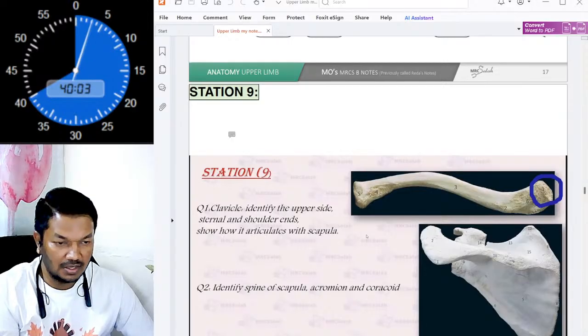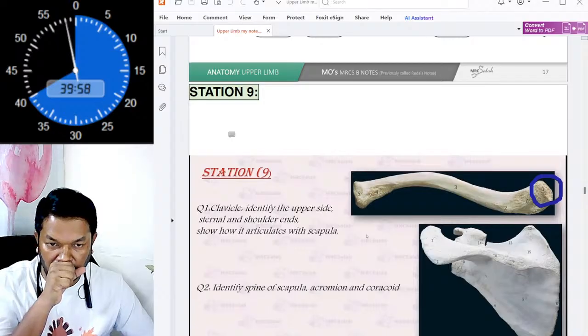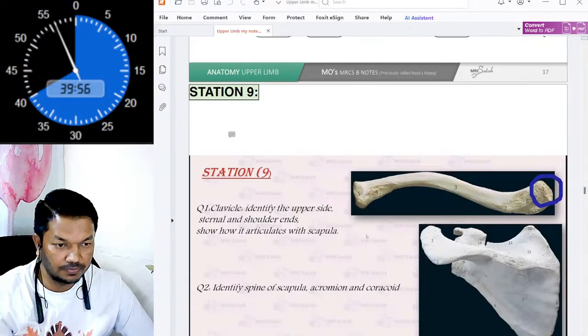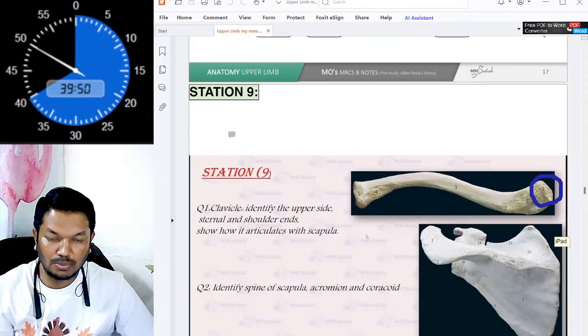Yes, it's number five. The lateral end is number one. Acromioclavicular joint.